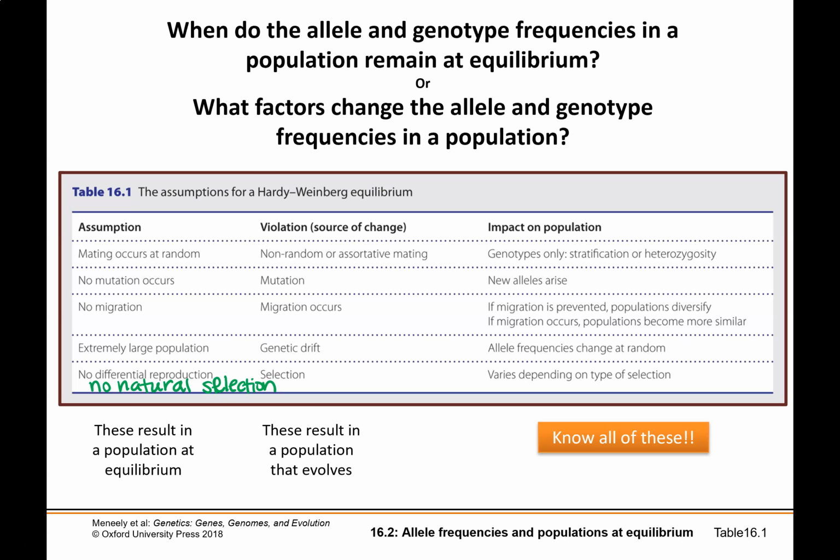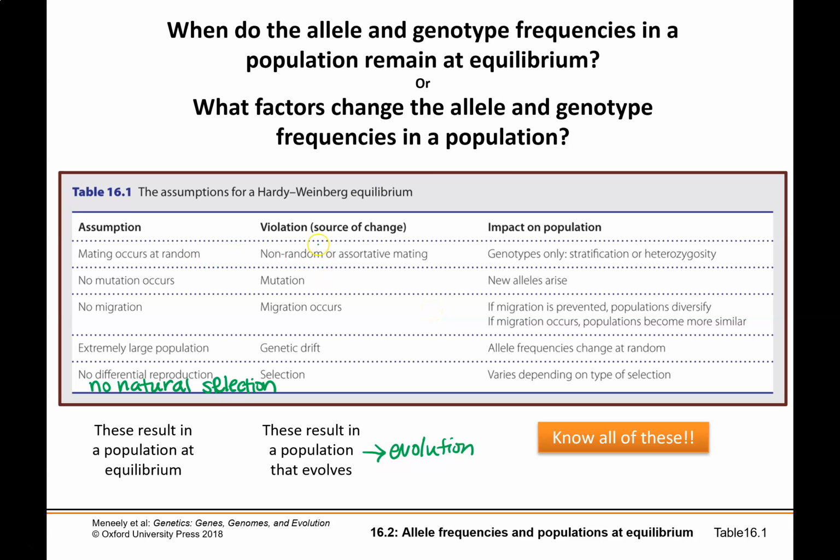So if a population is in equilibrium, none of these things are occurring. The flip side of that is that if any one of these things changes, if the Hardy Weinberg assumptions are violated, then we are going to have a change in the structure of the alleles in the population, and evolutionary change is occurring. So evolution occurs if any of these are violated.